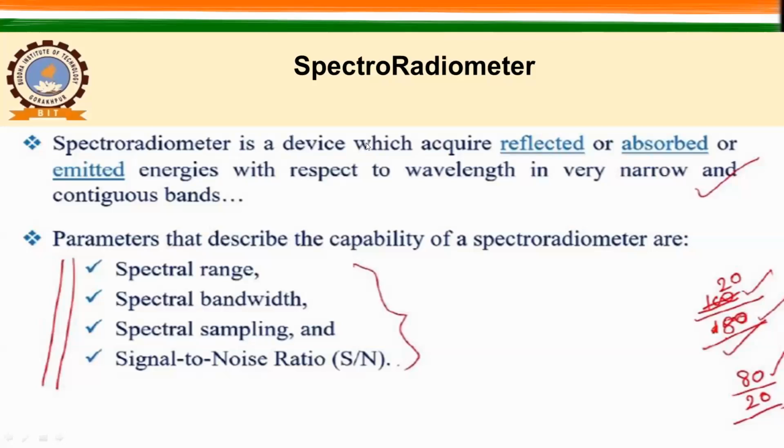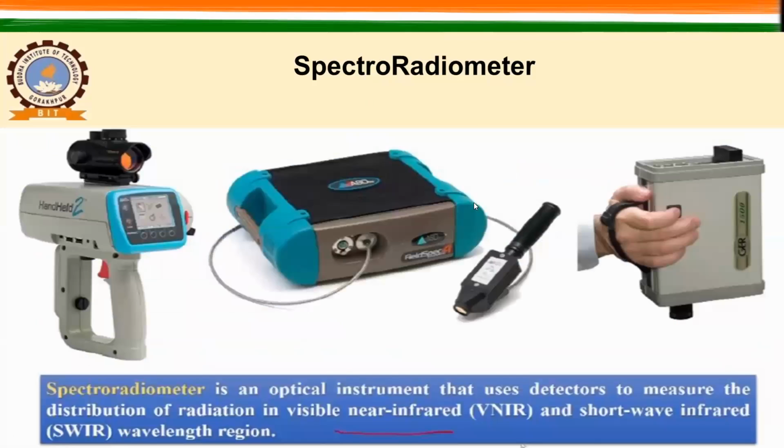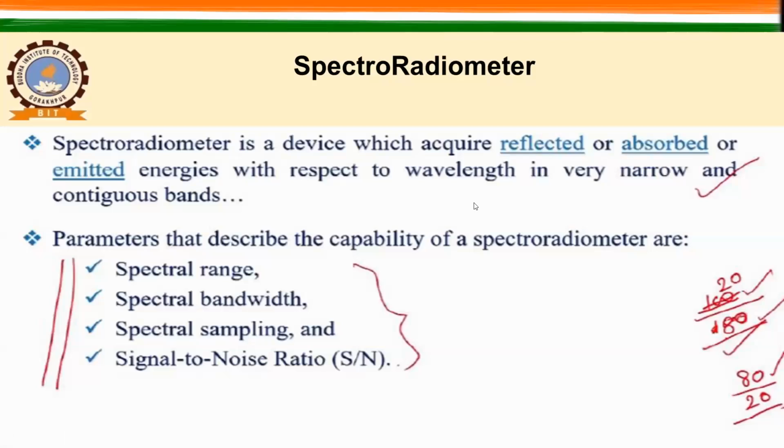So what does spectral bandwidth mean? Assume you are having 224 bands between this, right? And they are located like this, very close to each other. So what will happen?